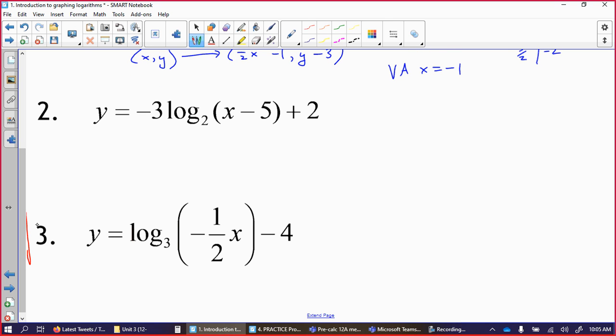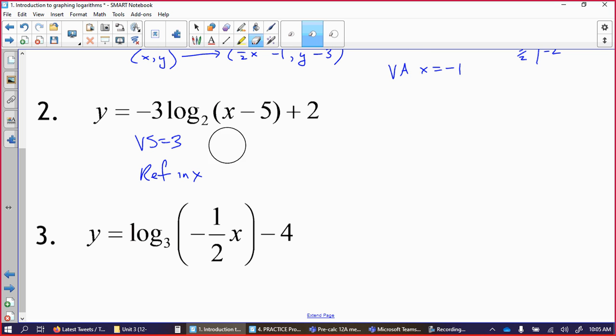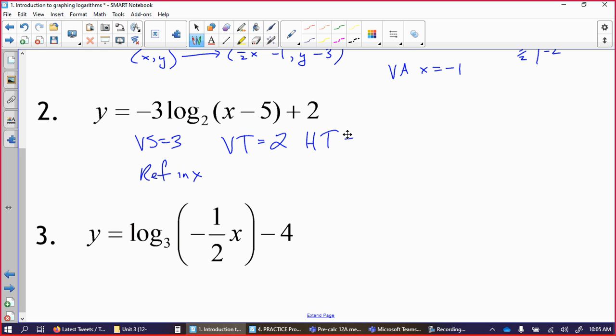What's this down here? Oh, there's a third one. I did not notice the third one. Vertical stretch is 3. Reflection in the x. Vertical translation is 2. Horizontal translation is 5.